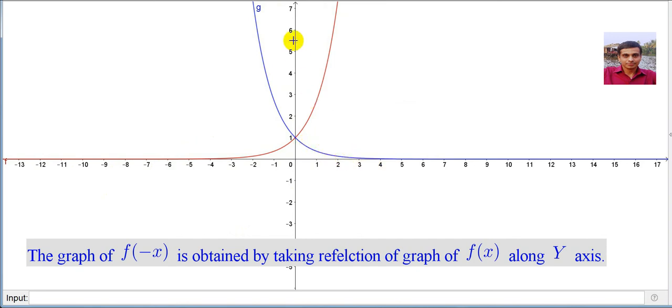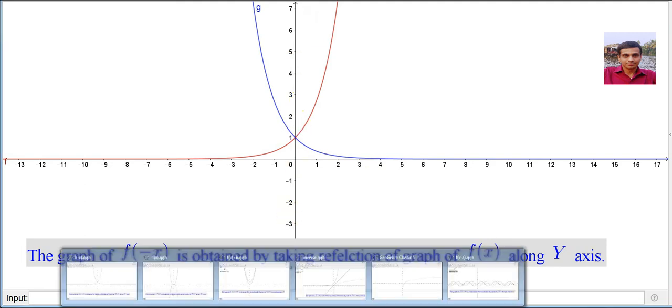You can easily observe that these two graphs are mirror images of each other along the y-axis. Let us proceed to the next relation.